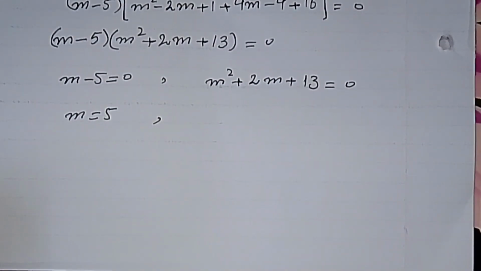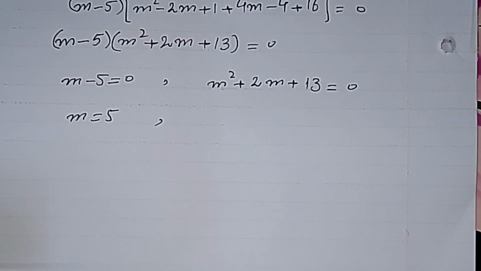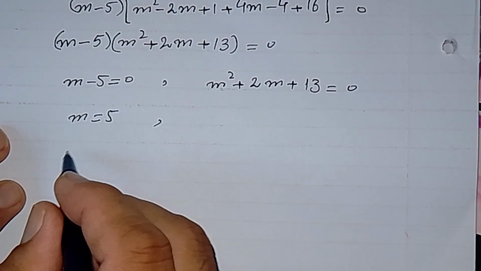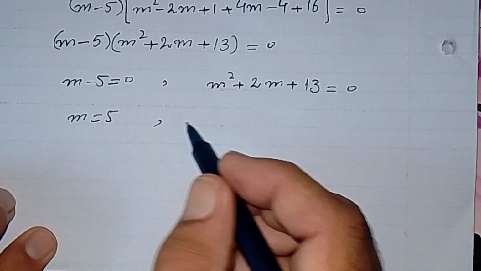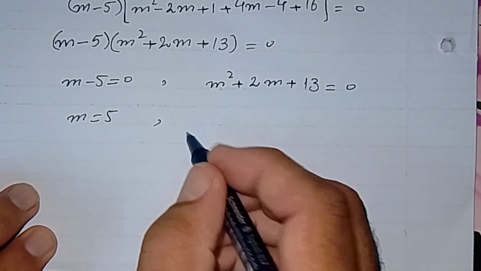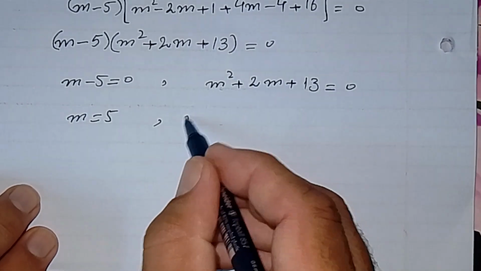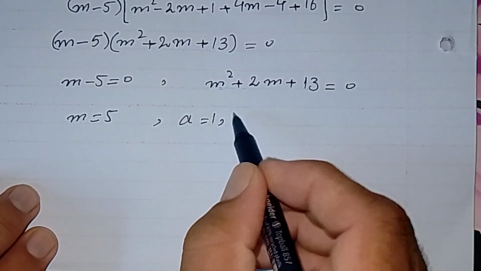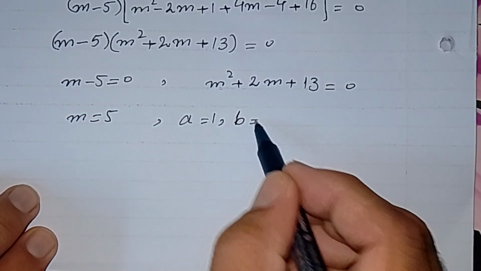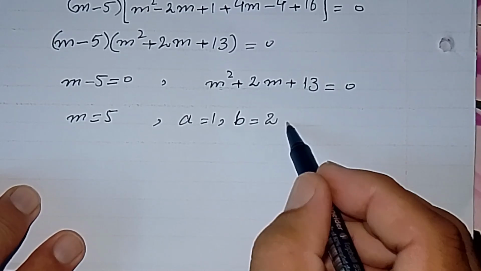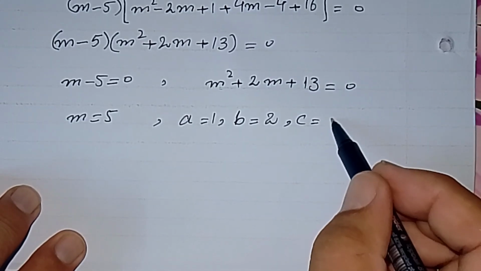Now we use the quadratic formula. a is equal to 1, b is equal to 2, c is equal to 13.